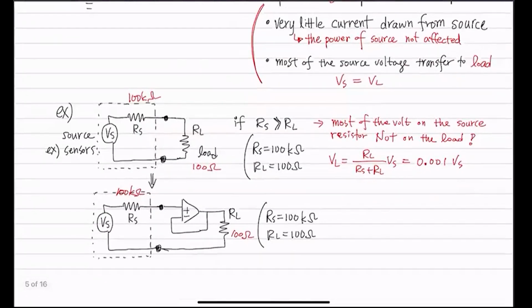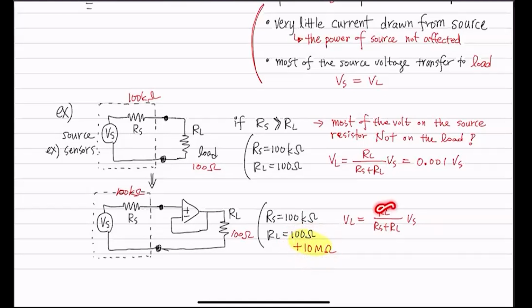And if we do this one more time, VL is going to be RL over RS plus RL times Vs. And because our load now has a very large impedance added by this op-amp, it's not anymore 100, but 100 ohm plus a very large resistance.